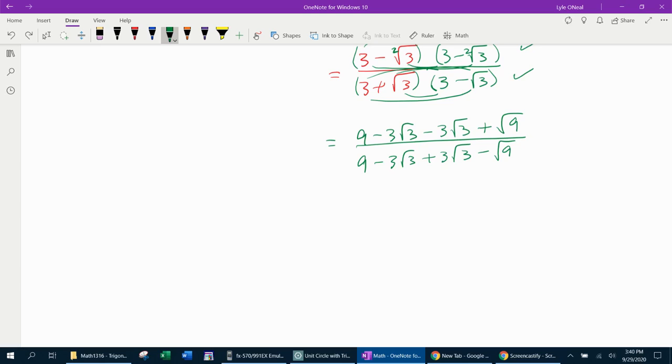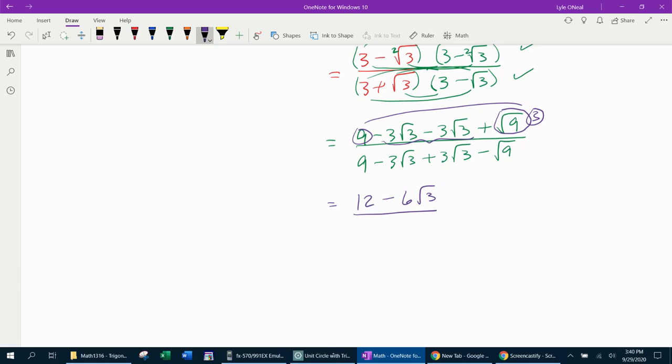All right, so the next step then, let's do it in purple. In the numerator, remember I said that square root of 9 is 3, and then 3 plus 9 is 12. So I'm going to go ahead and combine those like terms, and then I'm going to combine these like terms, negative 6 square root of 3.